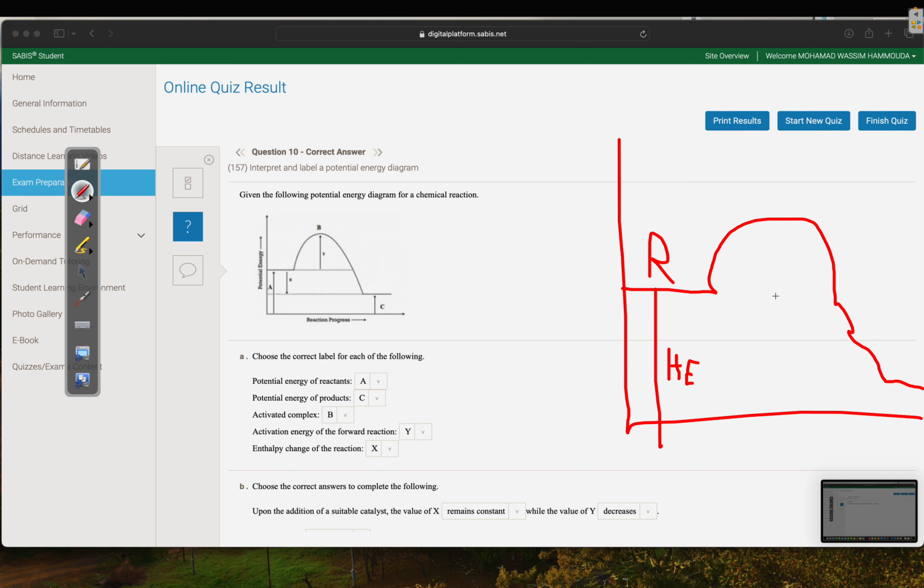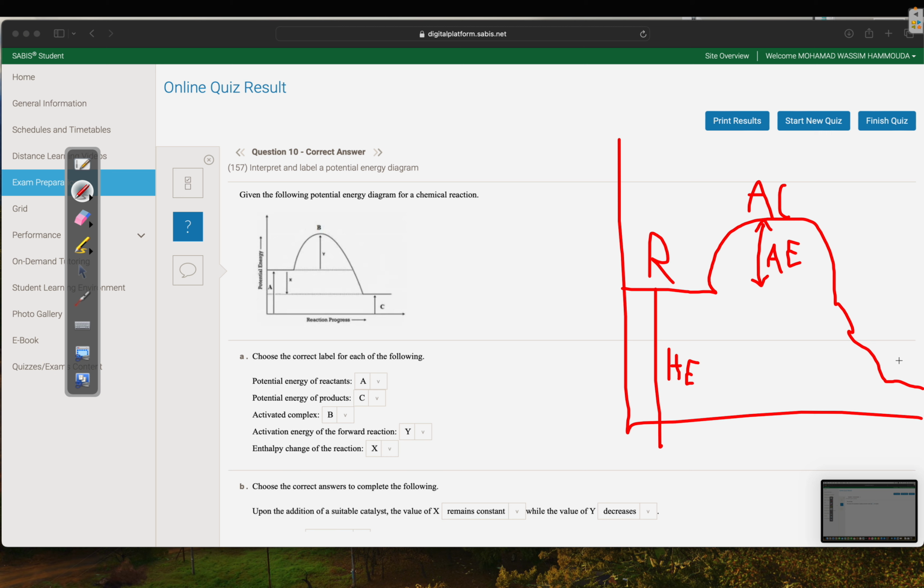But here, from the reactants to, let's say, activated complex, which will be AC, this is called activation energy, AE. It is the minimum amount of energy needed for reactants to start the reaction.